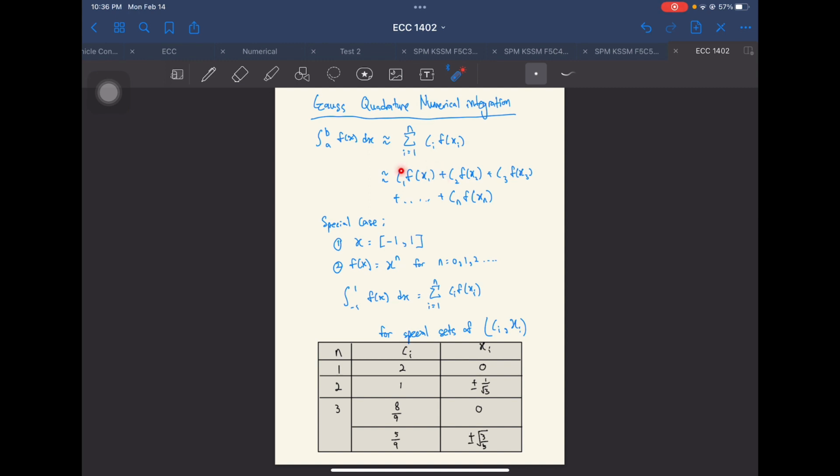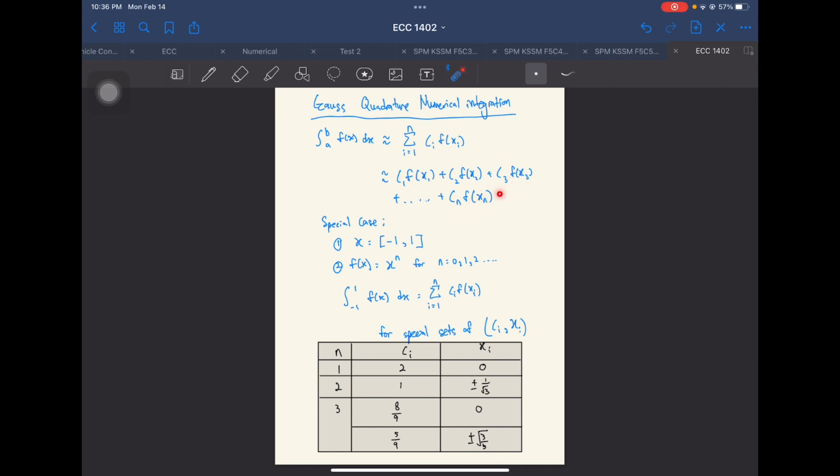So you can see this coefficient c1 times the function of x1, plus c2 times the function of x2, plus c3 times the function of x3, then plus until a certain n. This n can be any number from 1 to infinity.